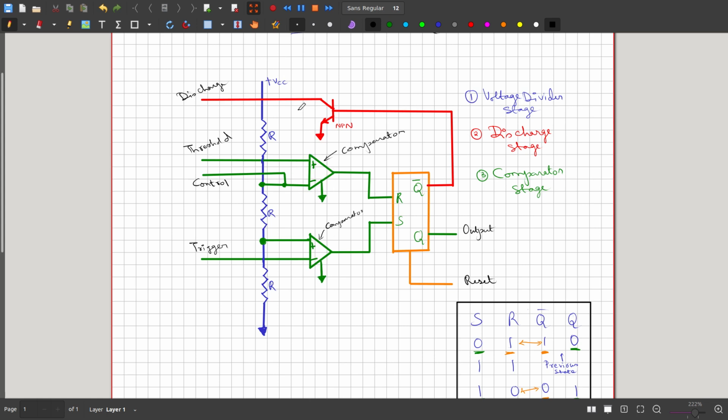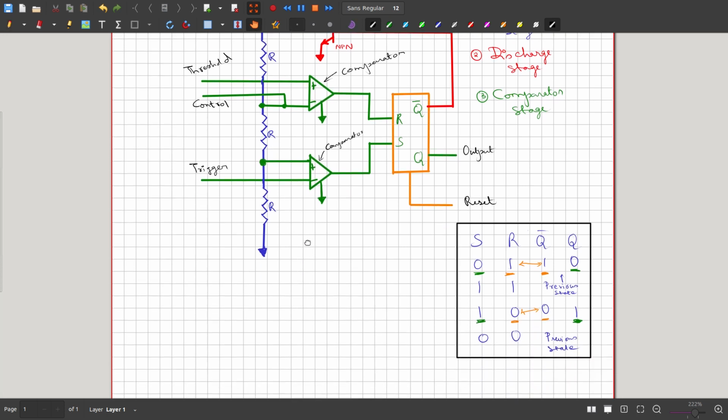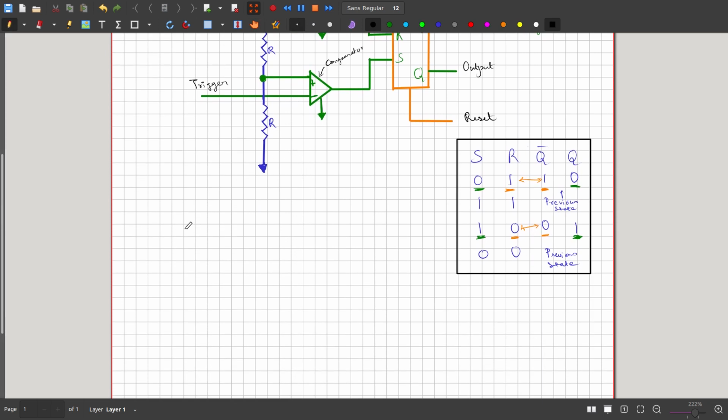The reference voltage is given by a resistor network. This is a three resistor network.